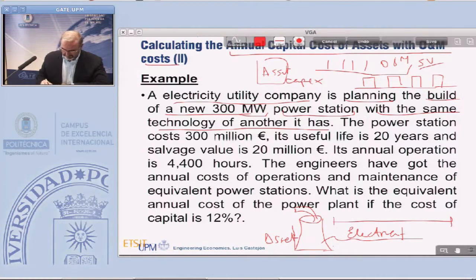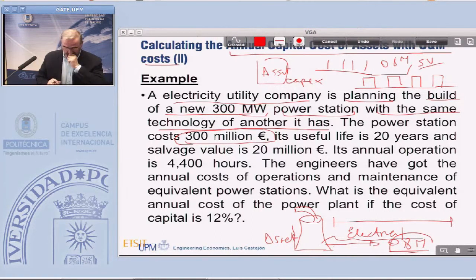The project life, as you imagine, will be very large, and every year we have operation and maintenance cost, because this power station must be kept running properly. How much does the power station cost? The capex, 300 million euros. I have tried to use the most realistic numbers, so perhaps you can consider this a real number.